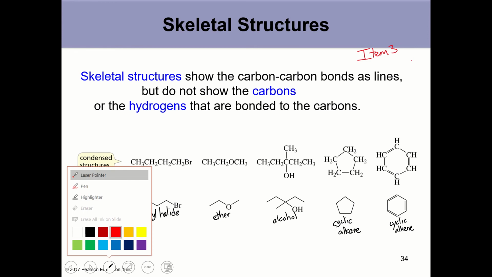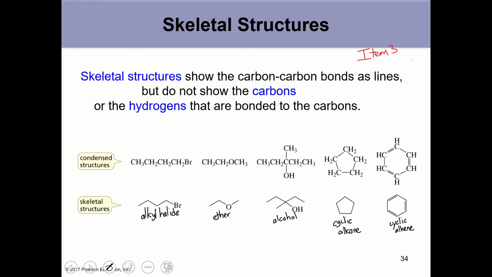The only atom symbol that you'll see in a skeletal structure are heteroatoms. So let's write that out. Carbon atom at endpoint and vertice. You guys remember what vertices are? They are where two lines intersect.